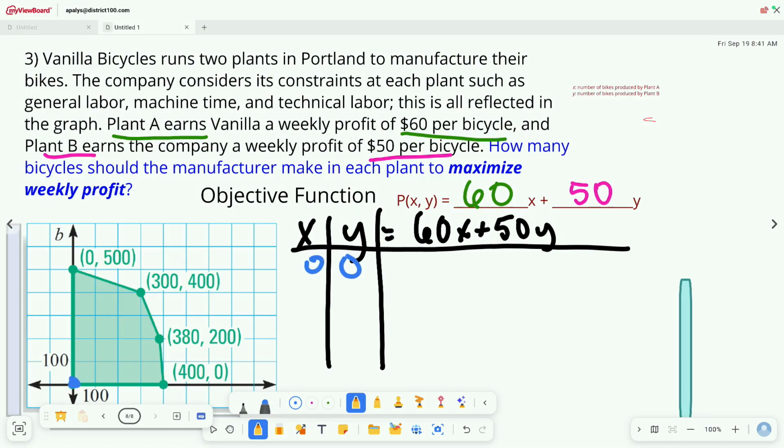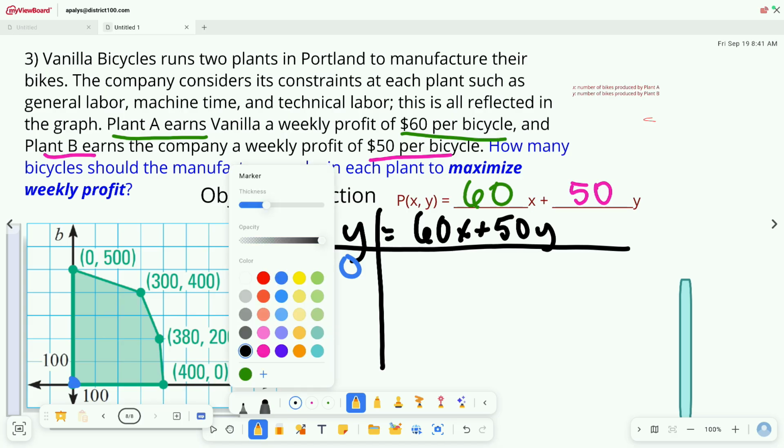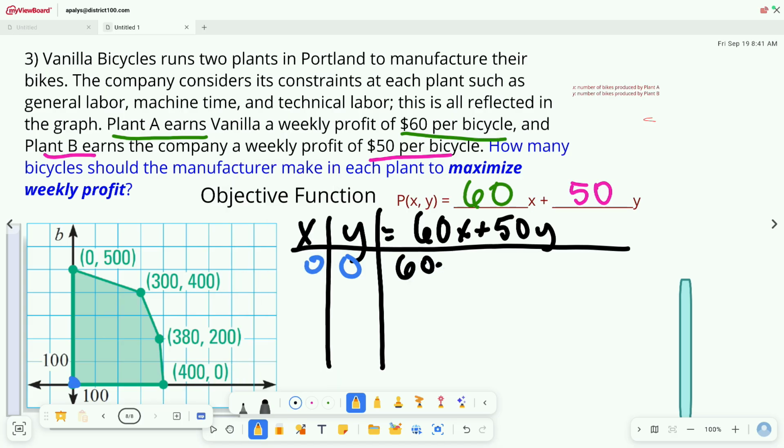I'm going to just fill this out to get ready for my points. My 5s are looking terrible on this board.